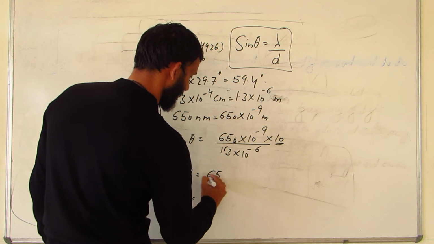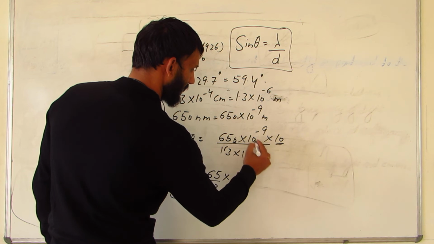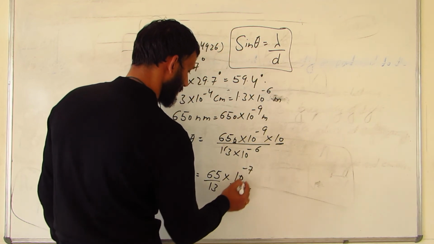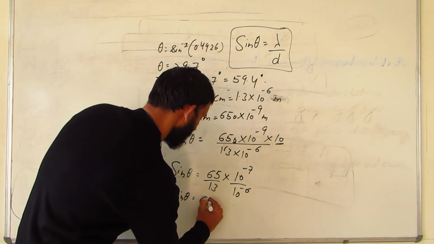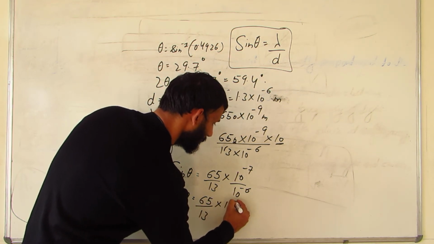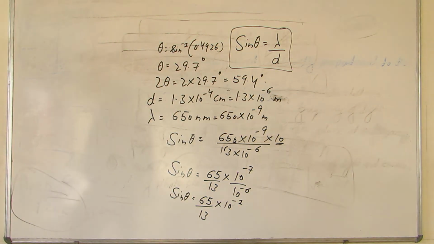So it will be 65 upon 1.3 into 10 to the power minus 7 upon 10 to the power minus 6. If you solve this, what will it become? 65 divided by 13 will be, so that number you have to write.